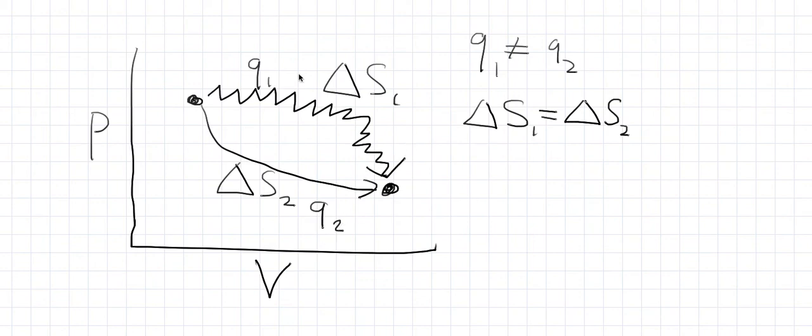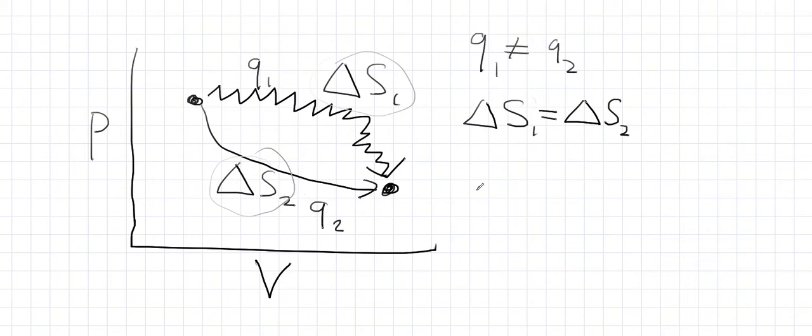And this means if I want to find the entropy change for this irreversible path, there's a pretty easy procedure. I say, okay, I want to find the entropy change for this path. I set up a path that's easy to calculate, but has the same endpoints. It's going to have the same entropy change.